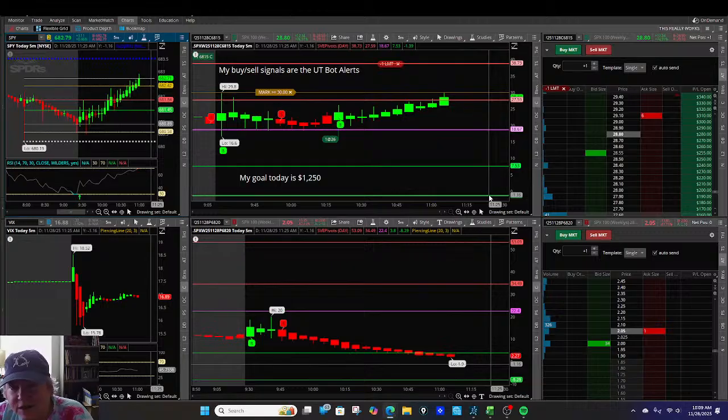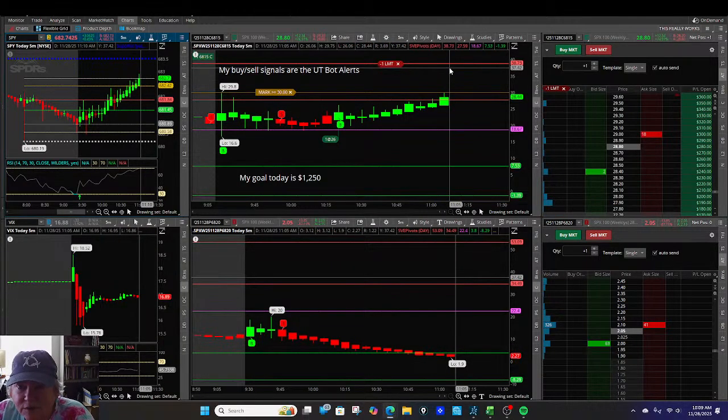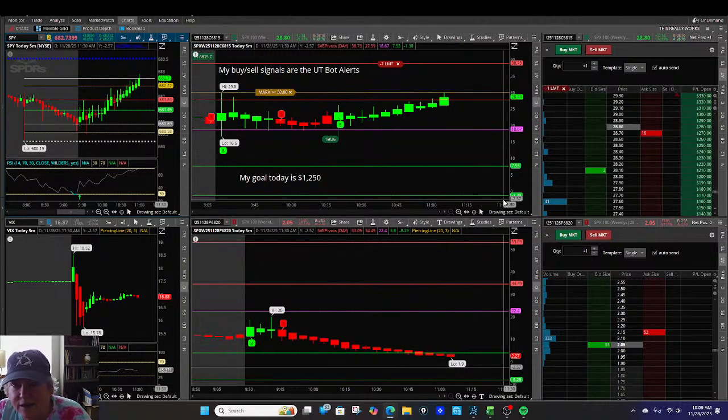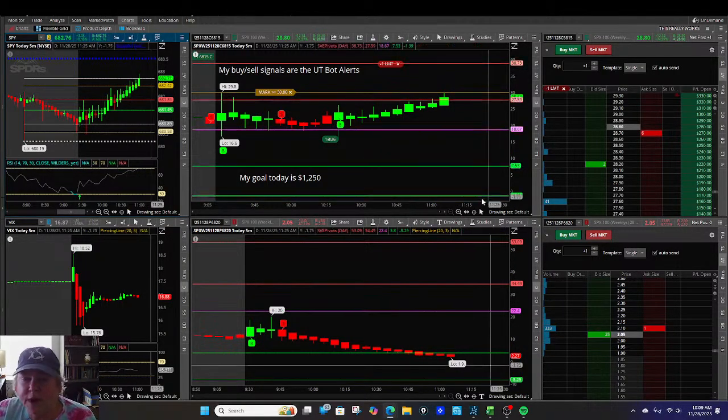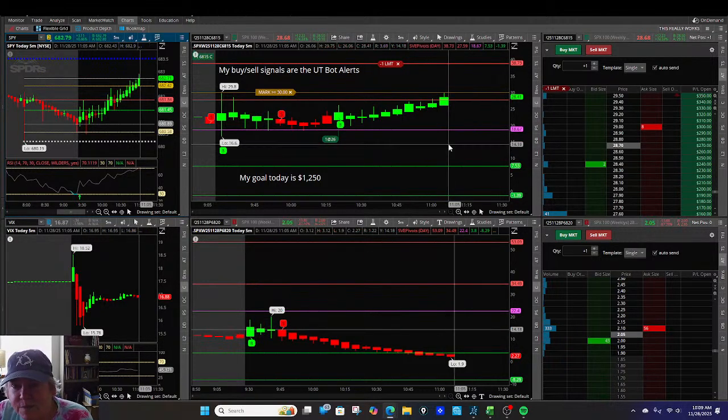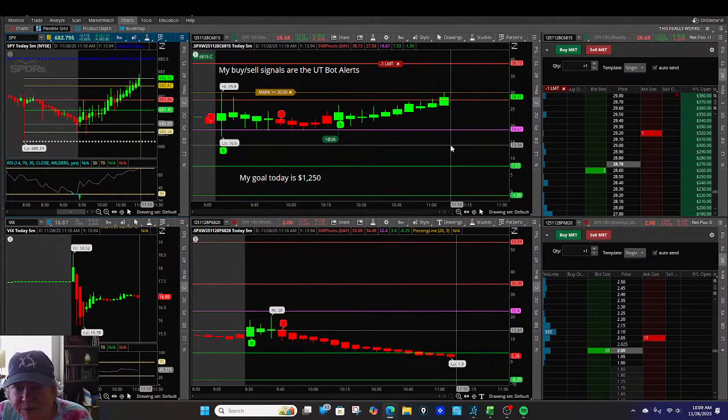So I set a limit order so that when it hits it, it sells. Sometimes it will hit my target and then just tank. But when I set a limit order, it goes and sells at that price, so I don't have to worry about it.